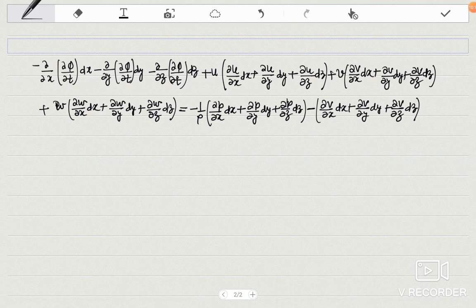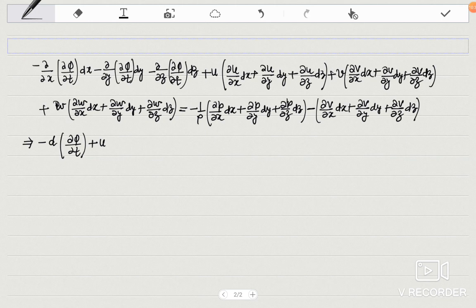Now combining these three terms, I may write minus d of ∂phi/∂t. Similarly, I may write u. This u may be combined with this, and I may write it as ∂/∂x of half u squared.